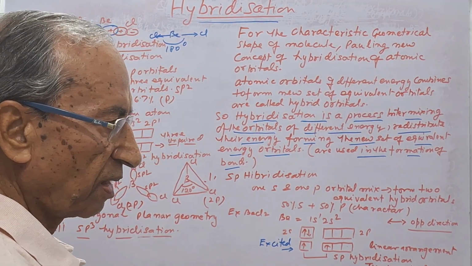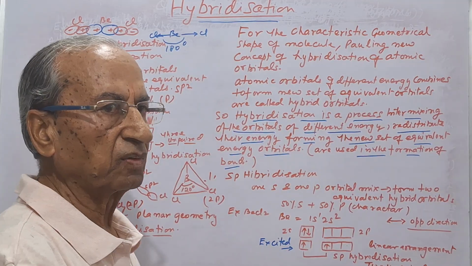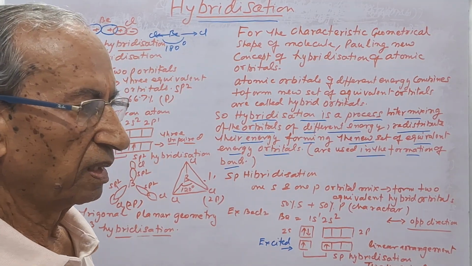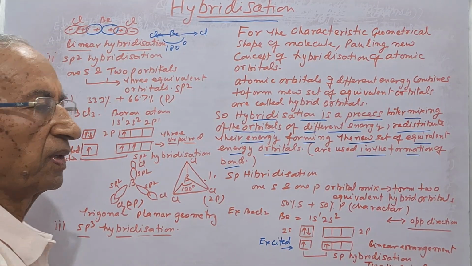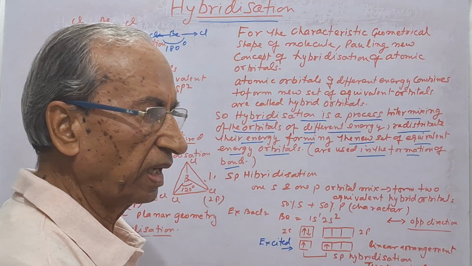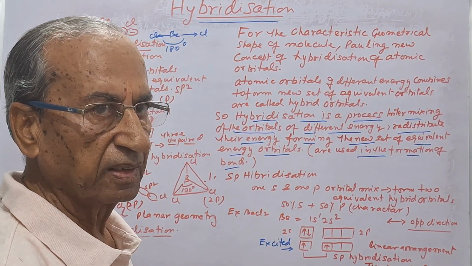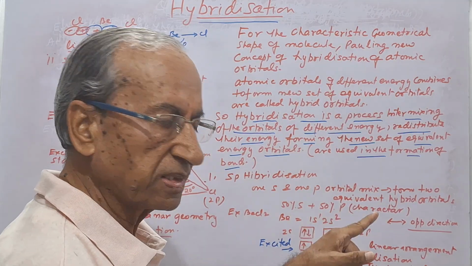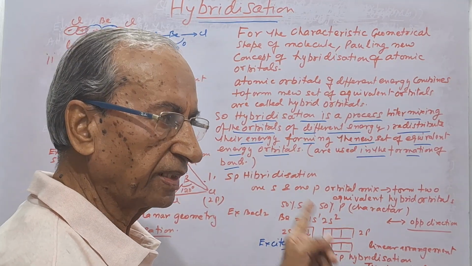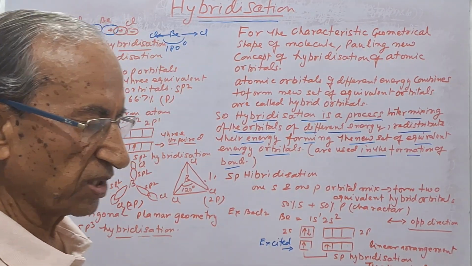Hybridization means mixing or fusing of two orbitals, in a simple way. But what are the conditions for hybridization to take place? It is very important because hybridized orbitals take part in bond formation.